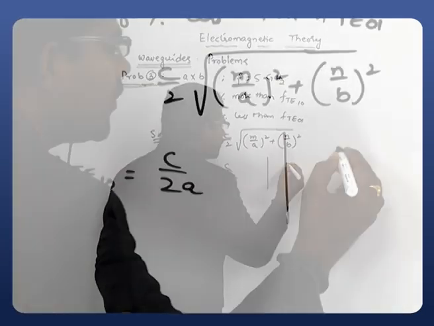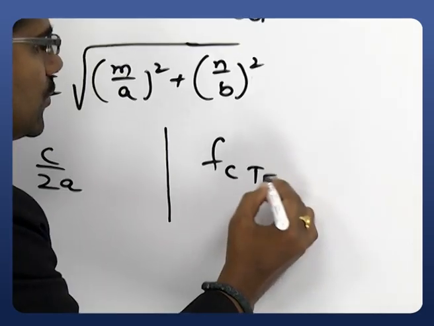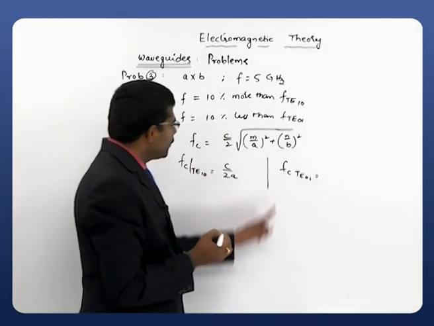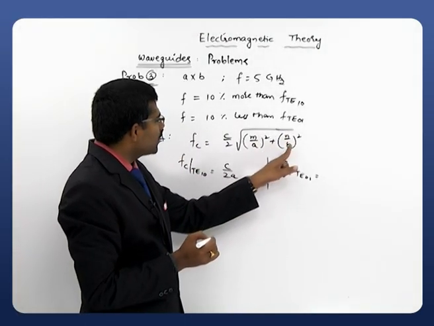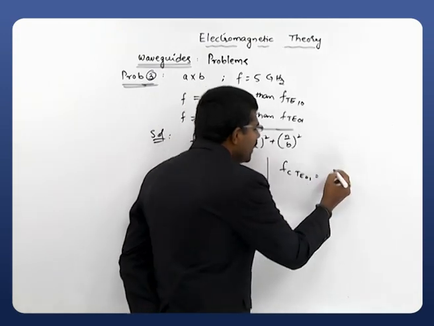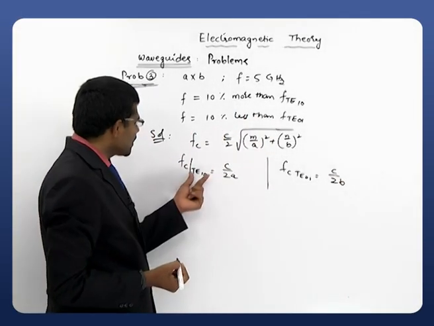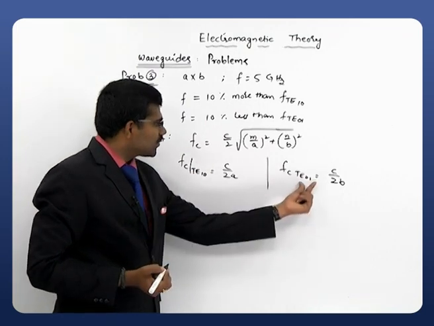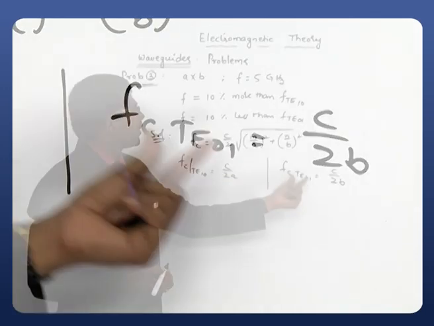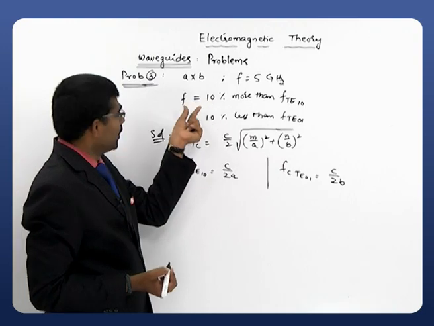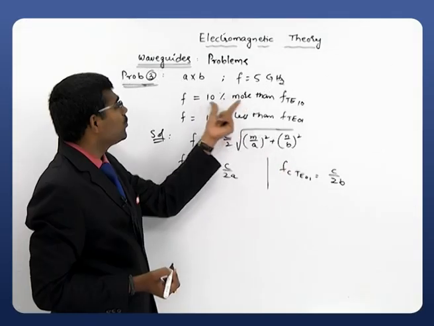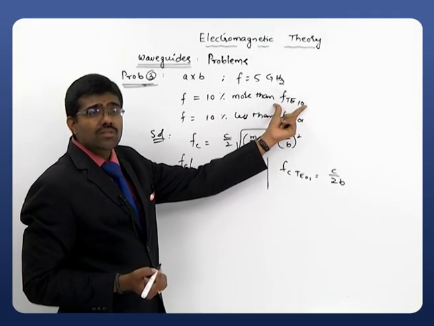Similarly, what is the cutoff frequency of TE01? For TE01, if you substitute 0 here, it's 1 by b squared, b remains for us. This is c by 2b, right? Now this is the cutoff frequency of our TE10, this is the cutoff frequency of our TE01. Now as per our problem, this f equals 10% more than f TE10.